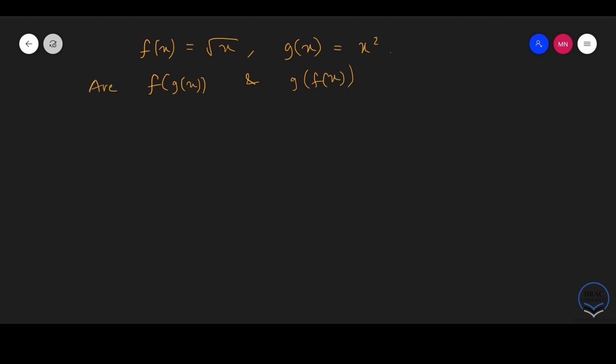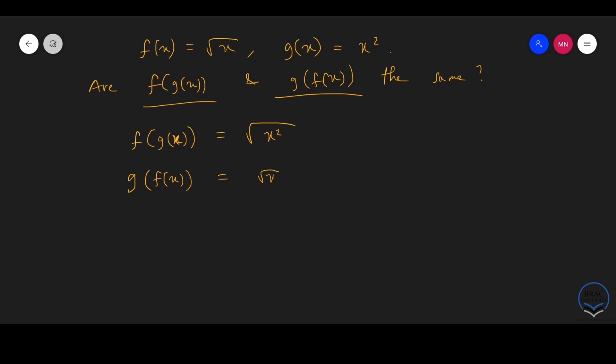How do we find out if these two things are the same? F of g of x is just the square root of x squared, and g of f of x is just the square root of x, whole squared.